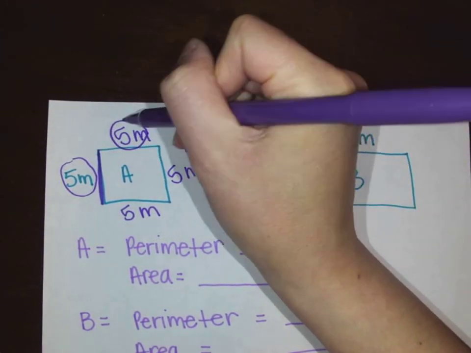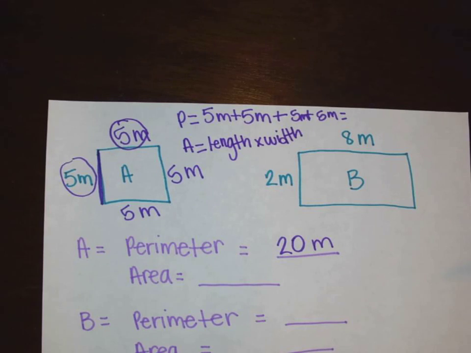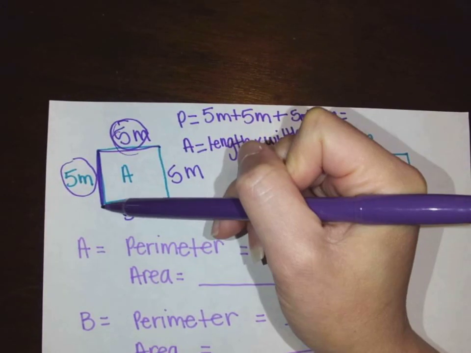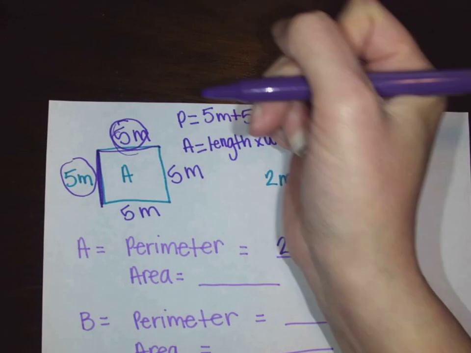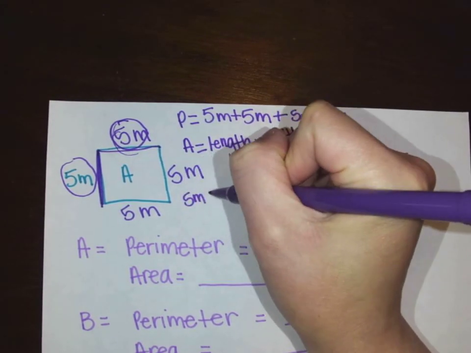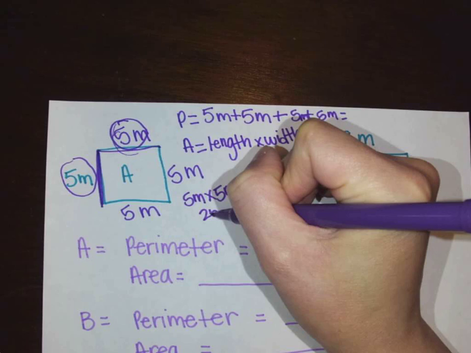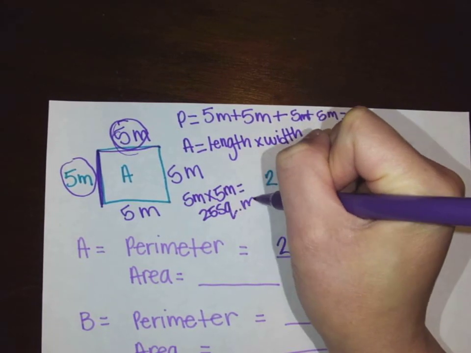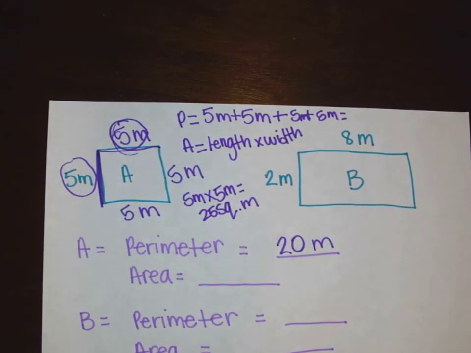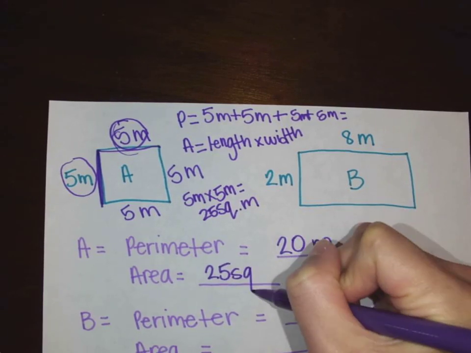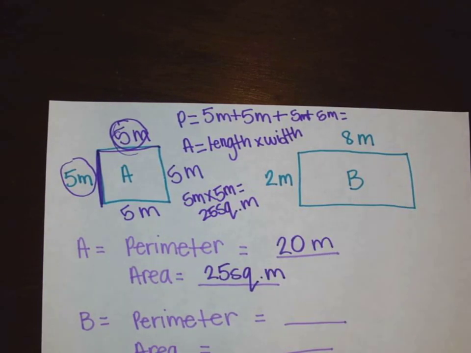It doesn't matter what 2 sides for figure A, we can multiply this side by this side. And I know that, let's write 5 meters times 5 meters equals 25 square meters, because I'm solving for area, right? So for figure A, the area is 25 square meters, okay?